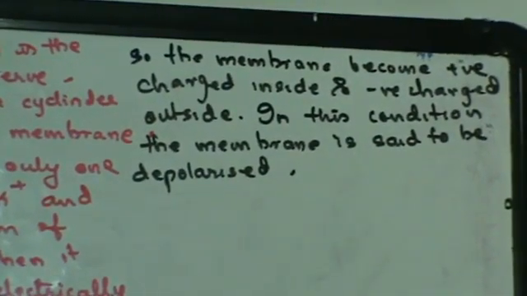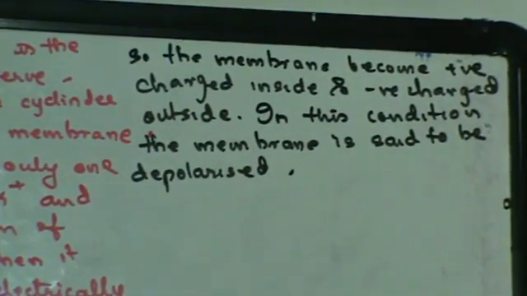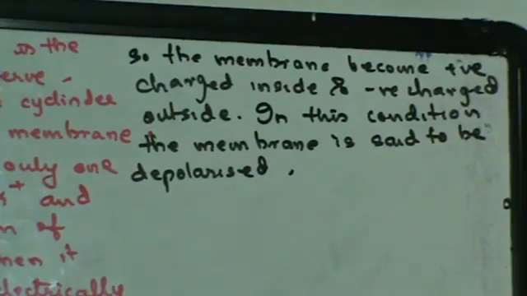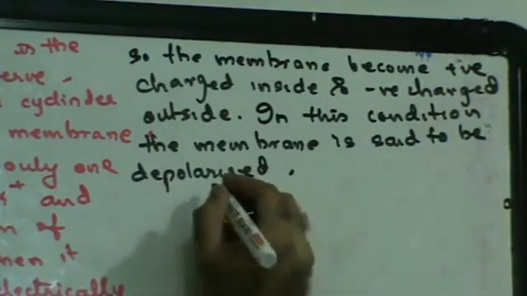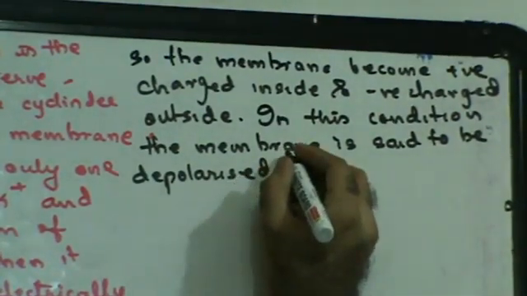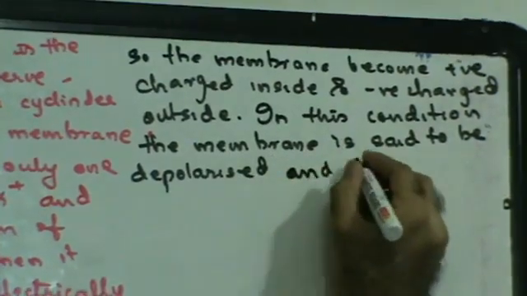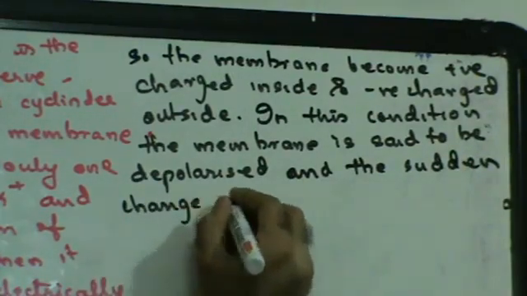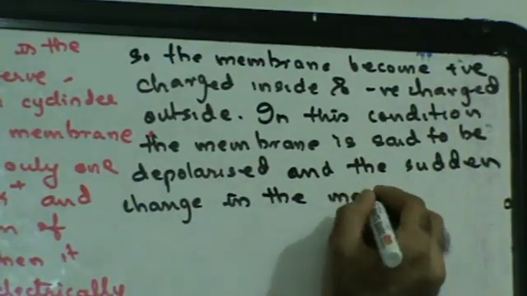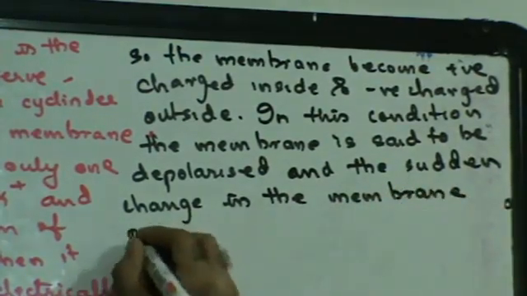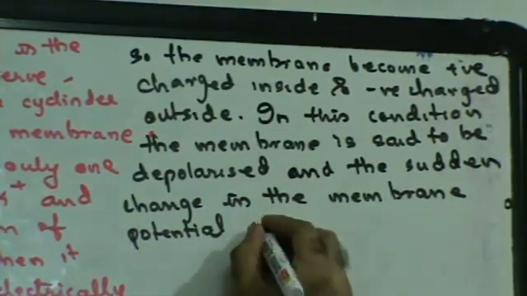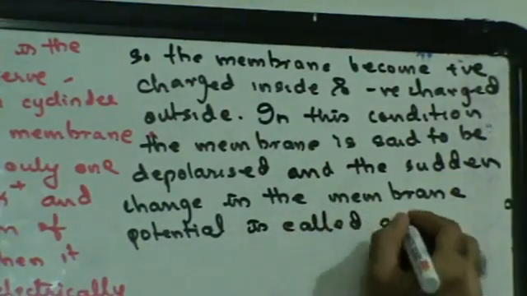Obviously there is going to be a difference. The polarity will change and the potential will also change, because not all the sodium ions have gone in, and not all the potassium ions have come out. So there is going to be a slight difference in the potential and the polarity. So in this condition, the membrane is said to be depolarized, and the sudden change in the membrane potential is called the action potential.